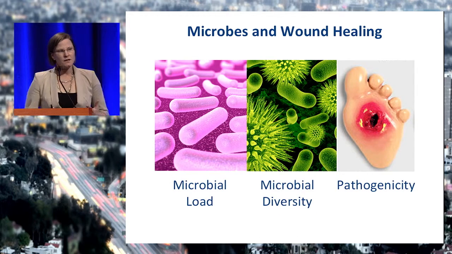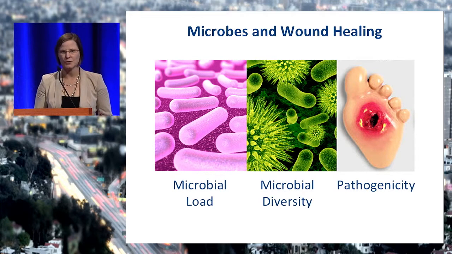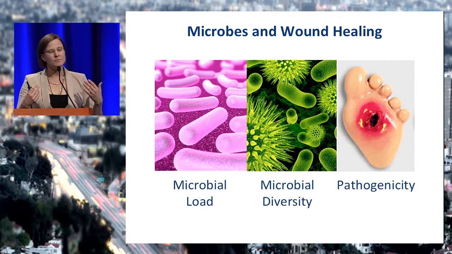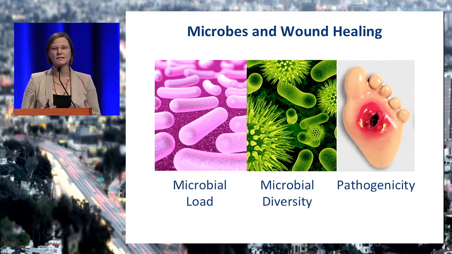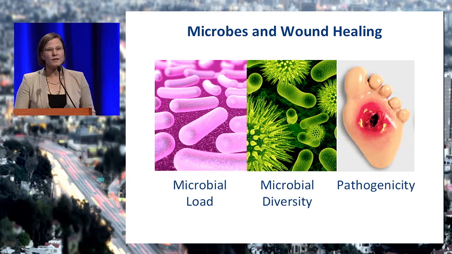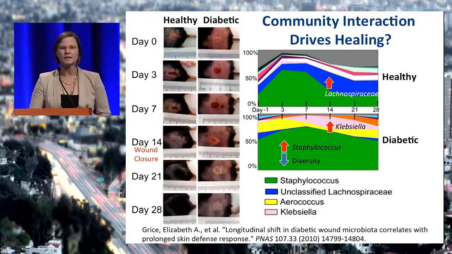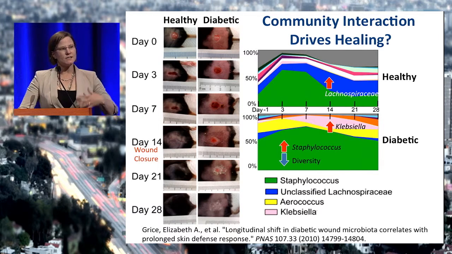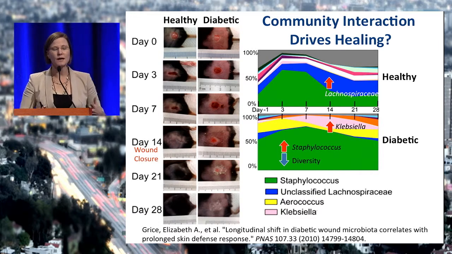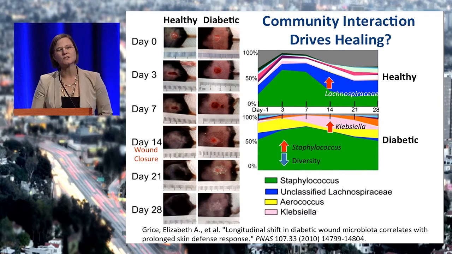So when we think about microbes in terms of wound healing, traditionally we think about bioburden, or microbial load and diversity and pathogenicity. But one of the things that's been emerging is that it's not just necessarily who's there and how much, but really the interaction of the community.